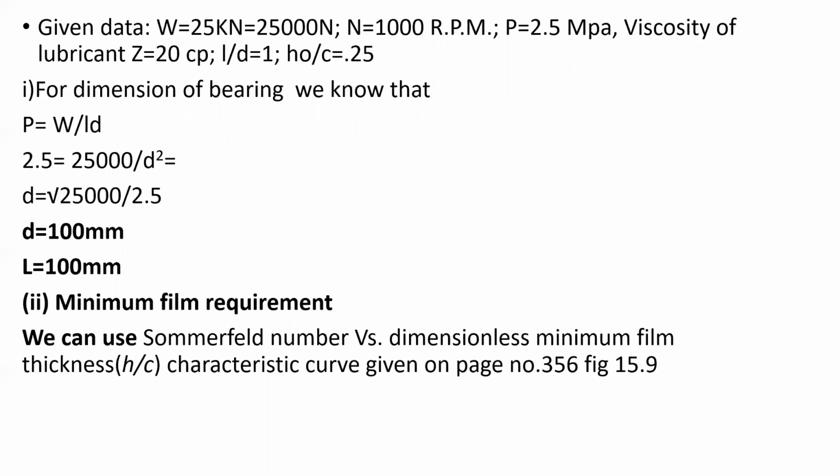100 mm. The second part we have to do is find the minimum film requirement. The minimum film thickness depends upon the surface roughness of the journal, the surface roughness of the bearing, and the machining factor. Mathematically, the minimum film thickness is calculated as the machining factor multiplied by the root mean square value of roughness of the journal plus the root mean square value of the bearing.